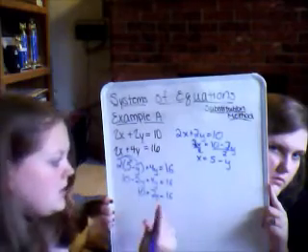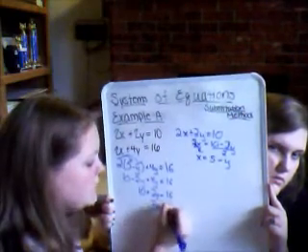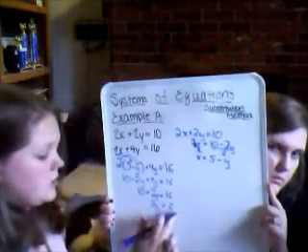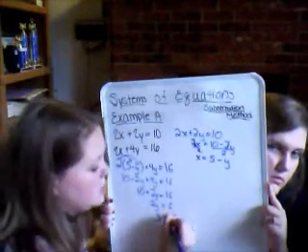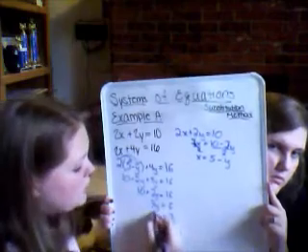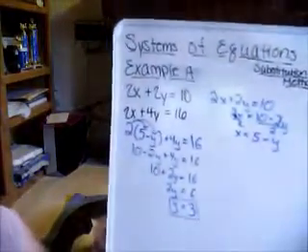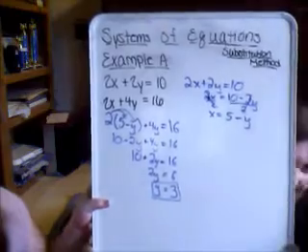Then you subtract the 10, so you're going to get 2y equals 6. And then y is going to equal, after you divide by 2, 6 divided by 2 is 3. So y equals 3.